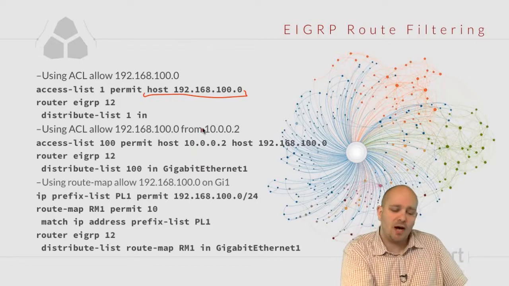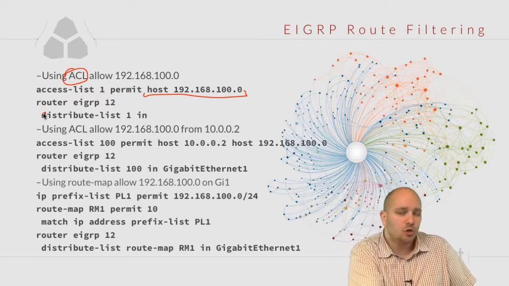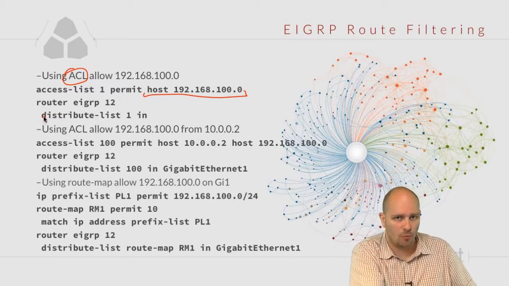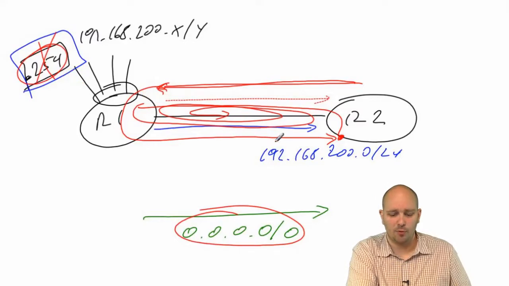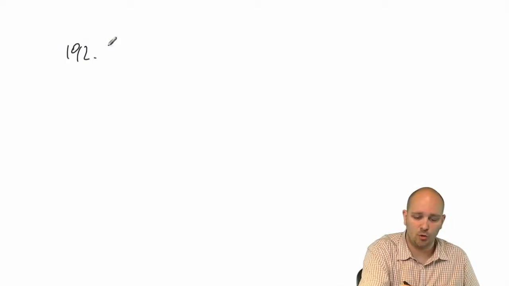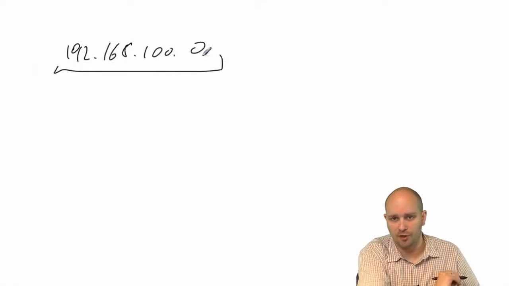Now, if you are asked to use the access lists to filter your routes, don't fall for a very common trap. Let me show you. One thing that is very, very common problem that people have when they're asked to use access lists for filtering. So let's say that we had our 192.168.100 network that we wanted to filter.